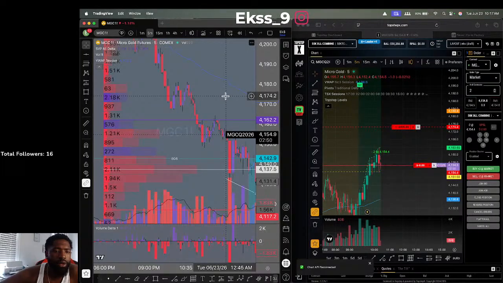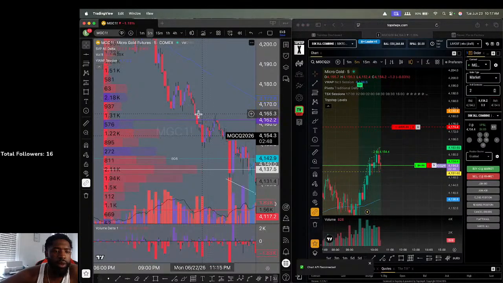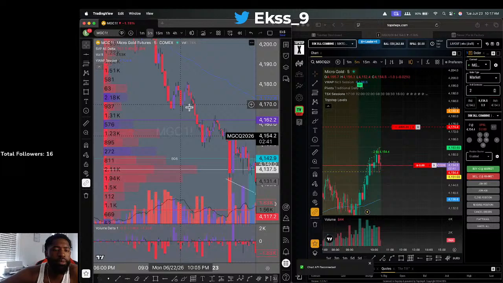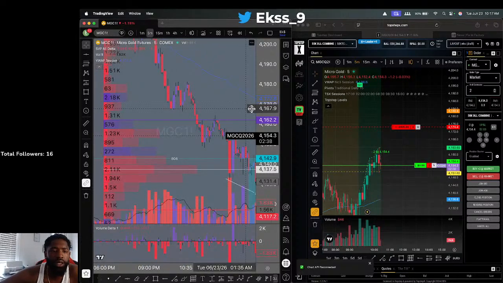And I feel like I can bring it down a little more, right? Because if we get past this first area with sellers, then there's still another good supply zone where sellers can step in.